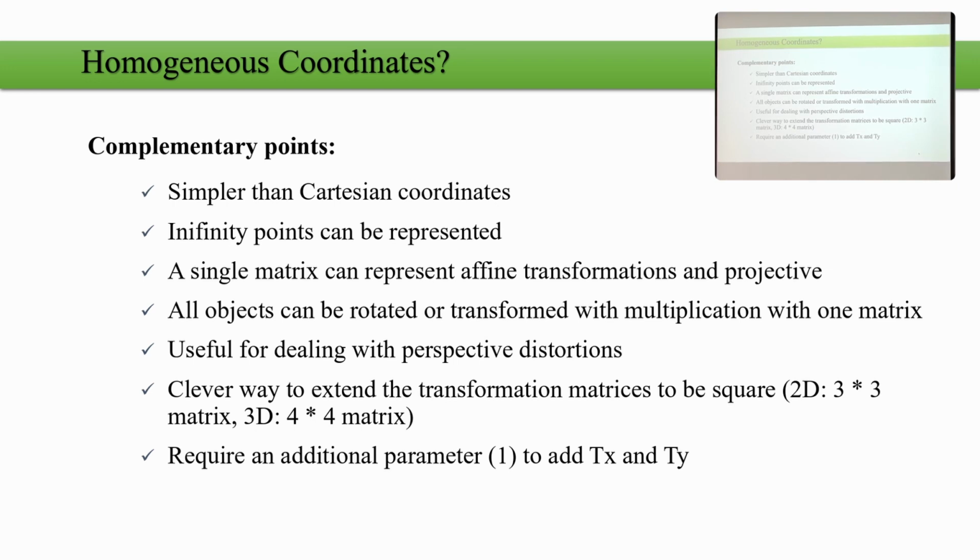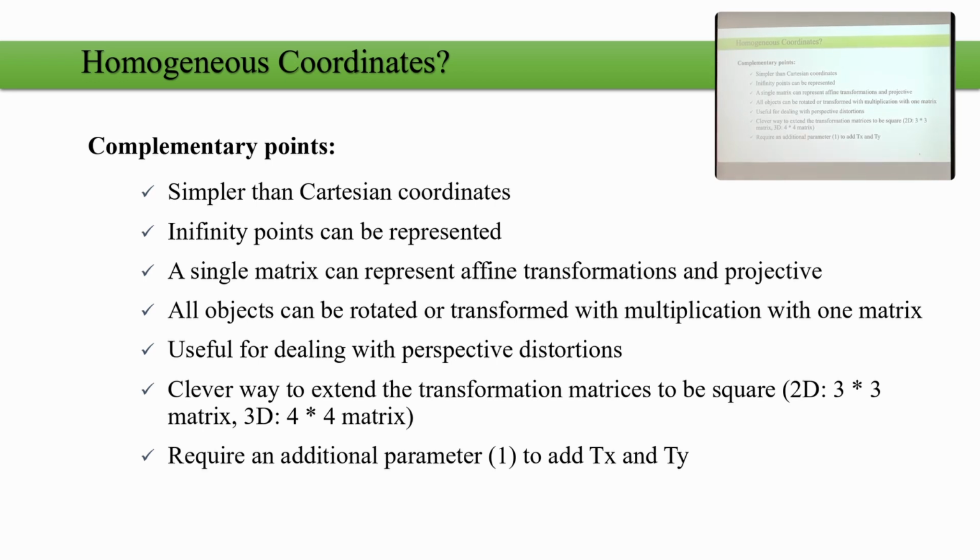So we say also a single matrix can represent affine and projective transformation. We will discuss it. All objects can be rotated and transformed by multiplication with one single matrix. We will show how to do that. That's the benefit.